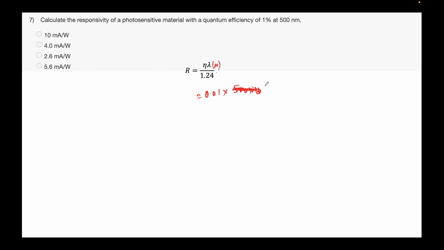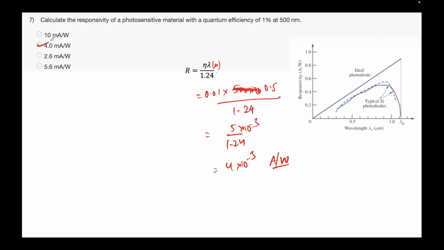So this will be 0.5 divided by 1.24, right? So this will be 5 into 10 to the power minus 3 over 1.24. That's 4 times exactly 4 into 10 to the power minus 3. Again, units are amps per watt. So 4 milliamps per watt. This is the answer.